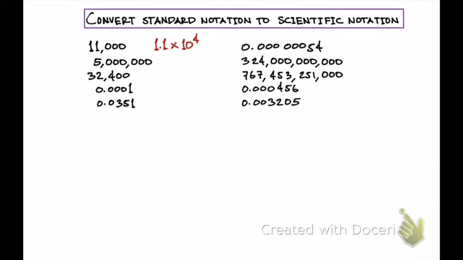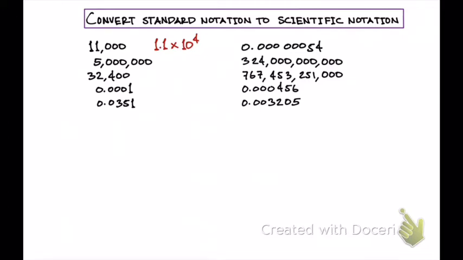The next two examples here, 5 million and 32,400, are both numbers greater than 1, and so you would expect them to have positive exponents. So 5 million, our coefficient is going to be 5.0, and then the multiplier would be times 10 raised to a positive exponent.